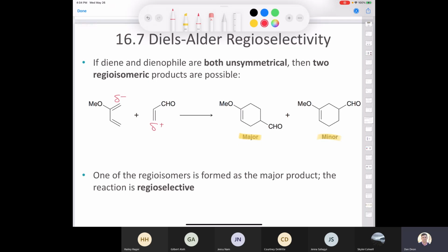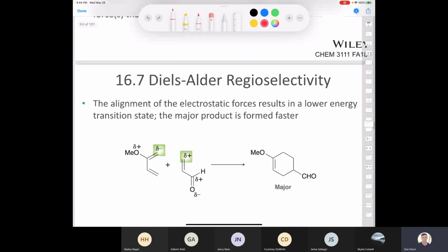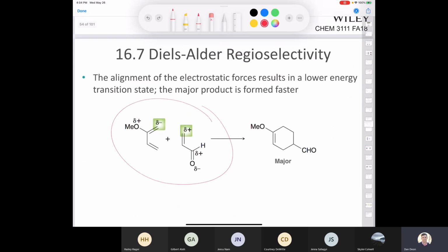So what's going to happen is that the diene and the dienophile are going to orient themselves so as to maximize the electrostatic attraction between the partial negative and partial positive charge. You can see that they're not aligned in the right way here. I'd have to flip this around in order to get it to look more like this. So now I have the partial negative here aligned with the partial positive.